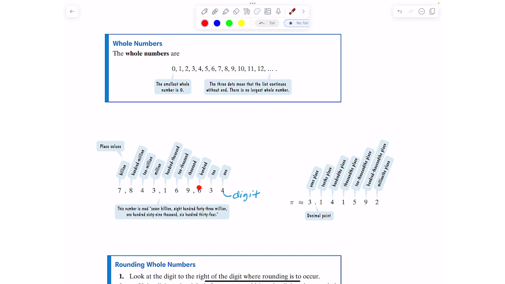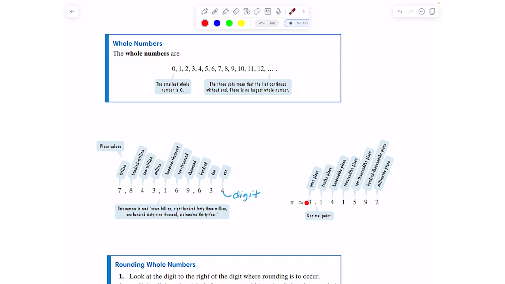And then this is in the hundreds place. And then you have the thousands, 10,000s, 100,000, million, 10 million, 100 million, billion, and so on. Okay, so since the first number to the left is in the billions place, I would read this 7,843,169,634.